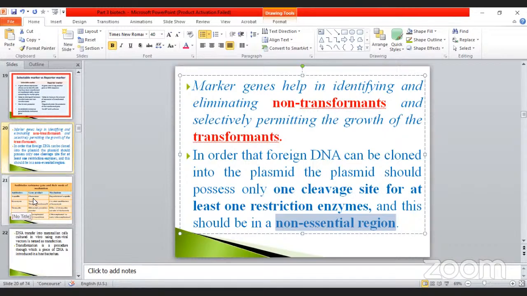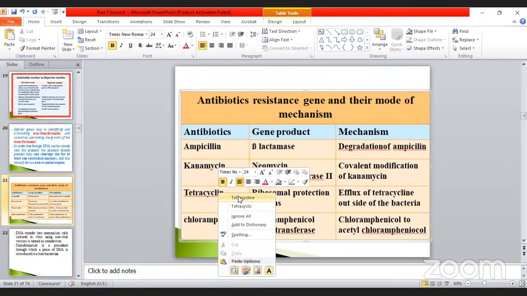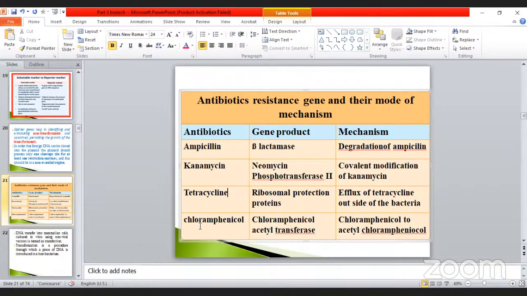Go to the next one. See this one: the antibiotic resistance genes and their mode of mechanism. Already we studied so many antibiotic resistance genes. Here they have given only four. Ampicillin, we already studied. Kanamycin is another type of antibiotic. Tetracycline is an important one, and chloramphenicol.